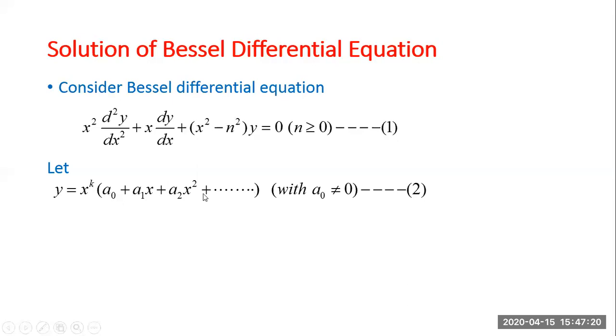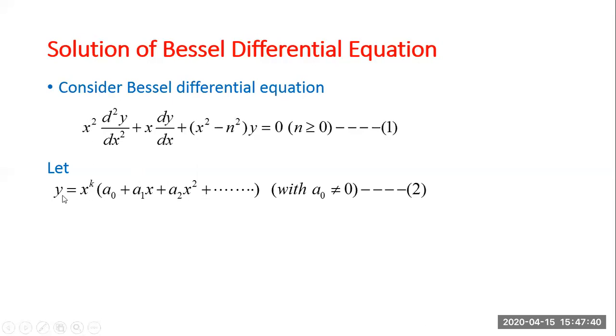So this is an infinite series, the series solution of the Bessel's differential equation. This kind of solution exists if x is equal to 0 is a singular point, that means the coefficient of d square y by dx square becomes 0 for x is equal to 0.